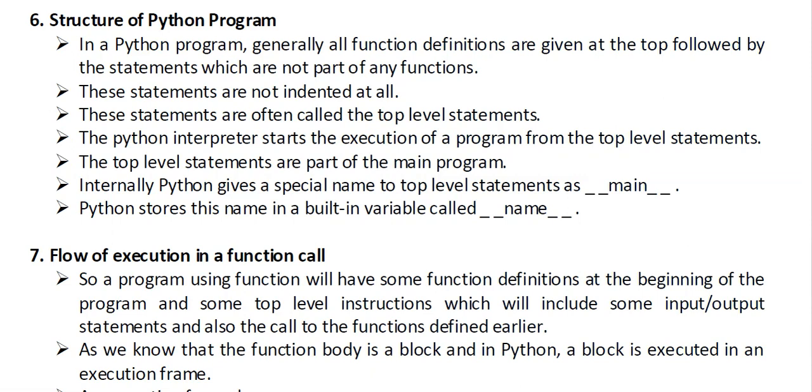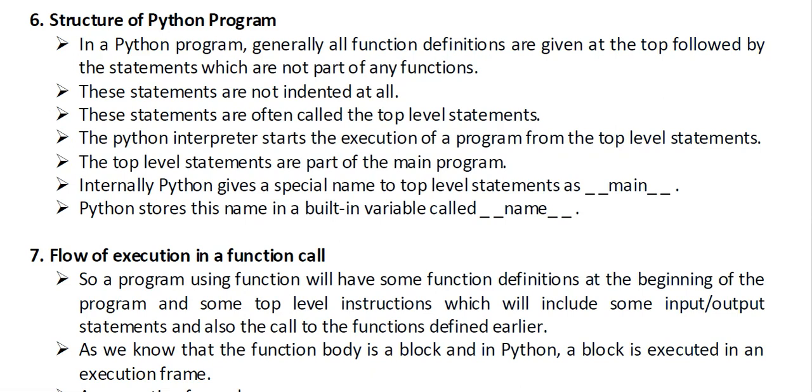So these statements that are not part of any function are not indented at all. Okay, there is no spacing in those statements. So these statements are called top level statements. Why are they called top level statements? Because when the Python interpreter starts execution, it starts from those top level statements.